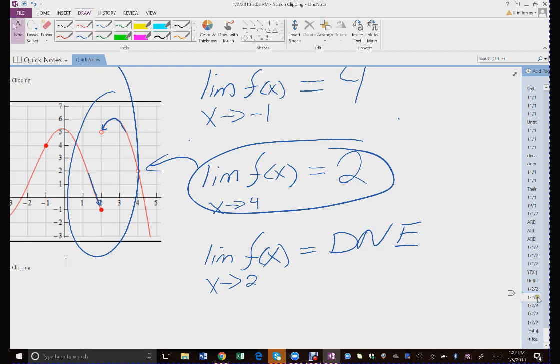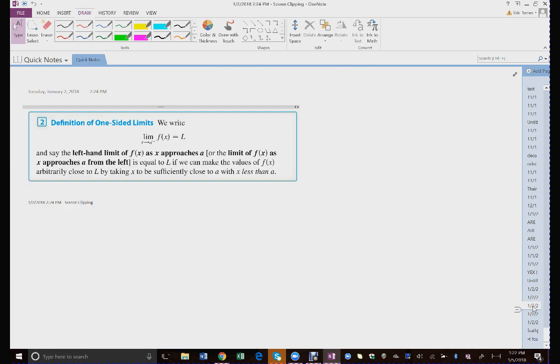Now, let's take a look at a new definition. It is possible to have a one-sided limit, but we have to be careful in the notation that we're using to say that we're only approaching from one side.